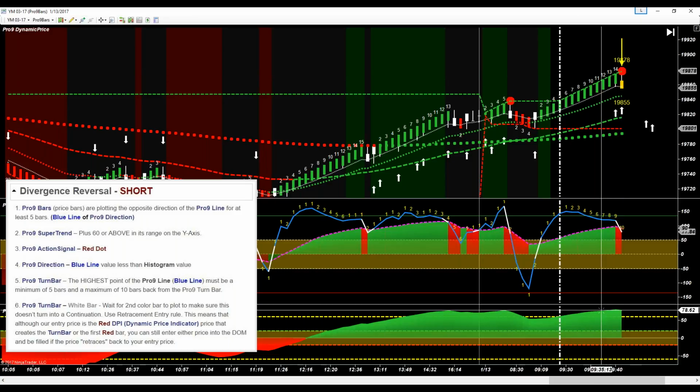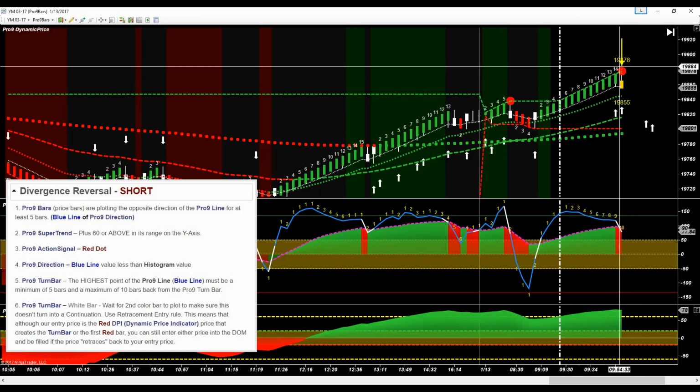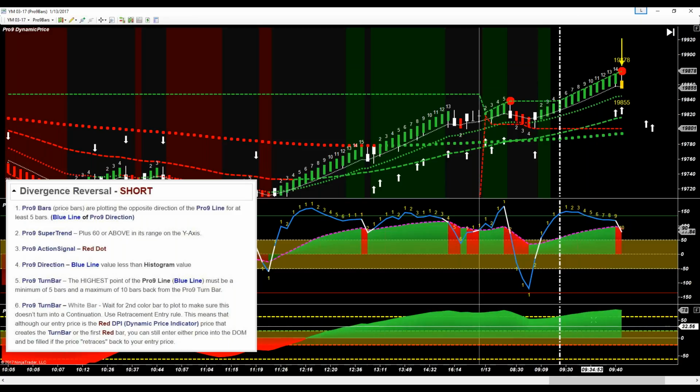The next thing I like to check to make sure that I should continue looking at this divergence reversal trade is my super trend, because my super trend needs to be at +60 in this case, since we're looking for a divergence reversal short. So if I see my red dot at the end of a long run, but I notice my super trend isn't anywhere near my extreme zone or outside of its extreme zone, I know I probably don't need to look at this closely.